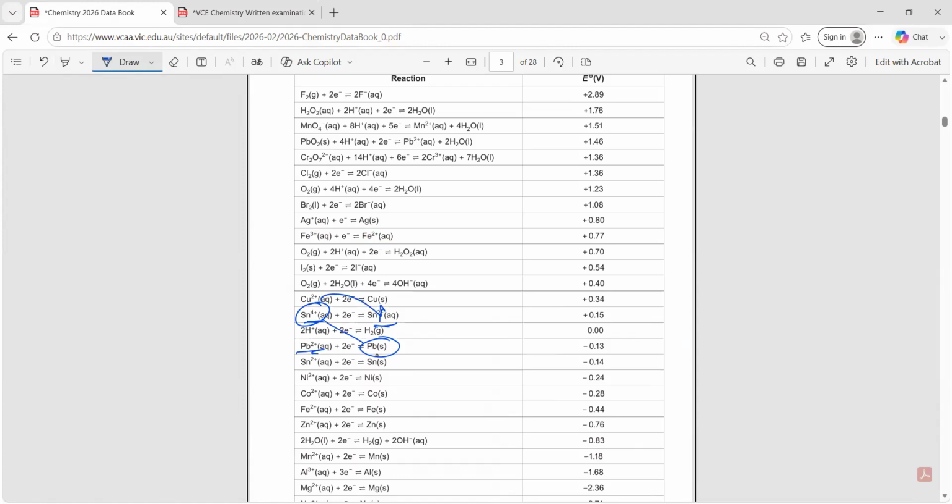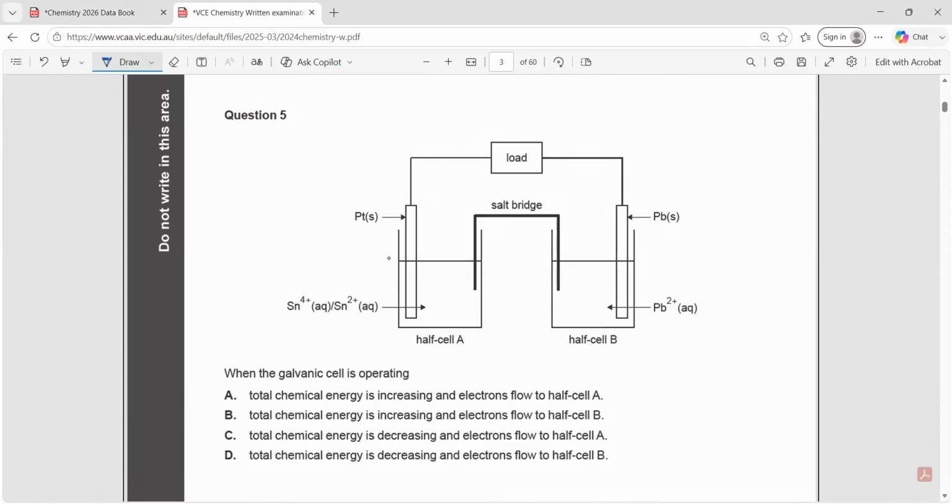So that's probably what's going to be happening, right? The Sn4 plus is on top, so that's that, just to make sure. Yep. So total chemical energy is decreasing, right? Because we're going from chemical to electrical energy. And then the electrons flow to half cell A. So it's going this way, right? Because lead is oxidizing because it's lower on the data book. So it'd be C.